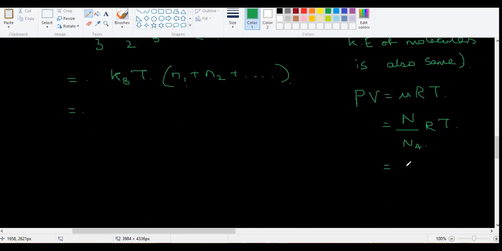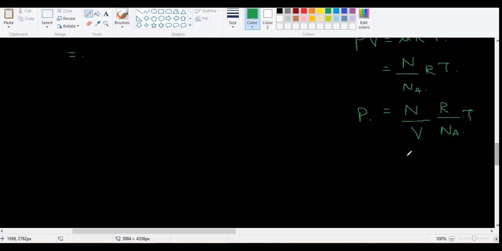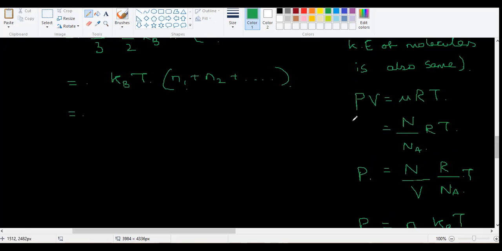If the volume comes on this side, capital N divided by volume, R by NA into T, because volume has come on this side. Number of molecules by volume is nothing but number density. R by NA is Boltzmann constant. T is temperature. That means from your basics, you should know that P is equal to N kBT.